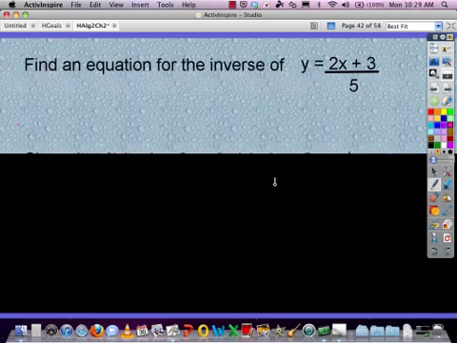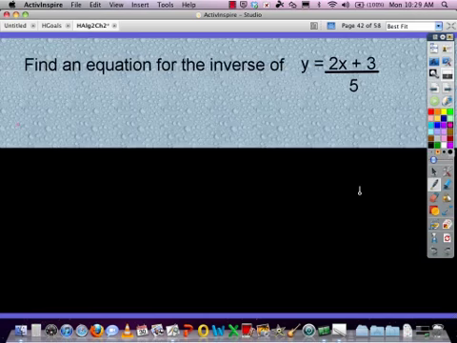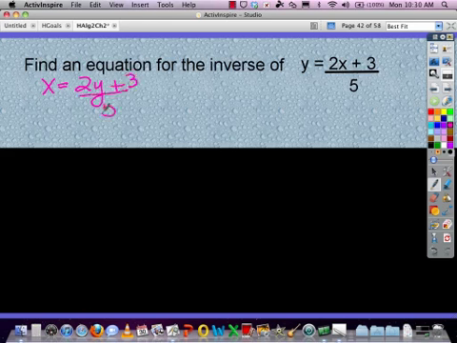All right, here's 2 problems, but let's do them one at a time. So let's start with, if I wanted to find an equation for the inverse, and I had y equals (2x plus 3) divided by 5 to start with, if we go with our definition, flip-flop x and y, then right away the brain has to be saying, I'm going to be thinking x equals (2y plus 3) divided by 5.